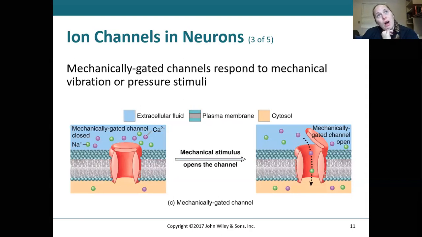Okay, mechanically gated ion channels. The first kind of pressure receptor that we saw there, pressure receptors are mechanically gated. So if any pressure or disruption to a mechanical surface occurs, so here you can see, that's probably not a great color for that. If you see a disruption of the essentially surface of a plasma membrane of a cell, it's going to cause that gate to open, and because of that, then you can have influx of ions or efflux of ions outside the cell.